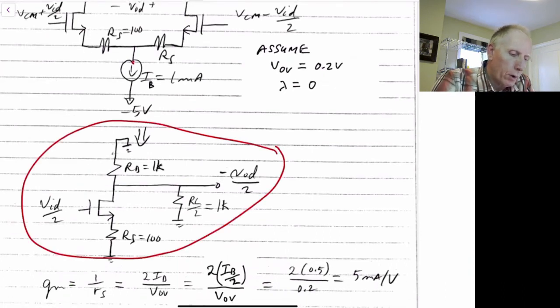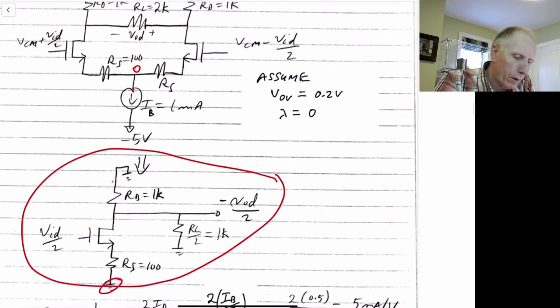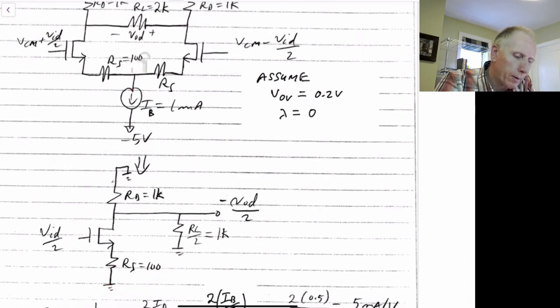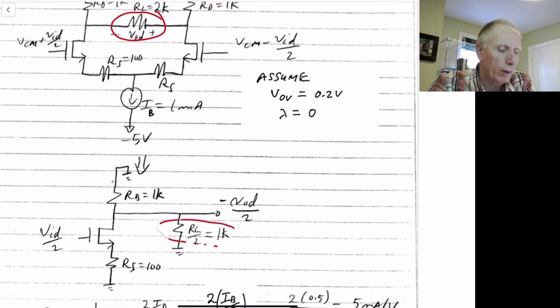So we've assumed that this voltage here is 0, so that becomes the ground node at this point. We've also had to split this resistor of 2K into 1K, because half of it will be shared with the left side and half will be shared with the right side.